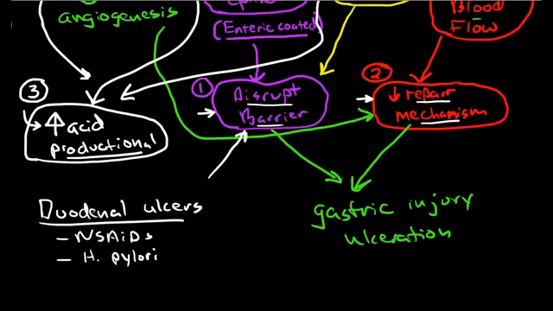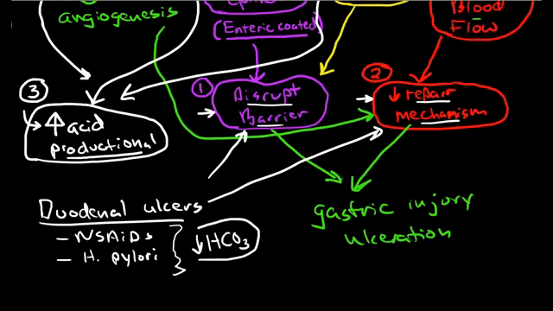Disruptions of the barrier. The duodenum also has significant repair mechanisms because it's exposed to acid and pepsinogen as well. But it also involves some disruptions in the endocrine system that controls gastric hormones, which causes decreased bicarb secretion by the pancreas, and that significantly contributes to duodenal ulcers.